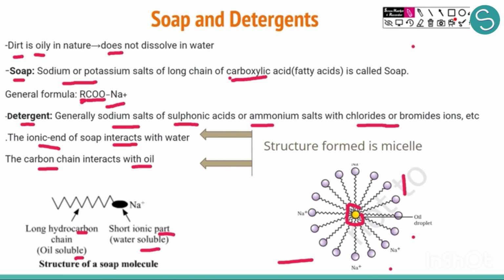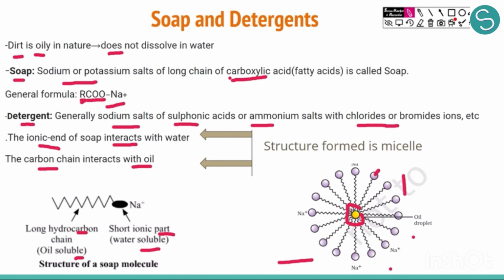So whenever we wash our clothes, all the dirt and dust are interacted by the hydrophobic molecules and the water is attached to this sodium. Then when we agitate it, as you have seen in a washing machine or whenever you wash your hair or your hands, with very fast movements, this micelle detaches from the clothes and moves with water.